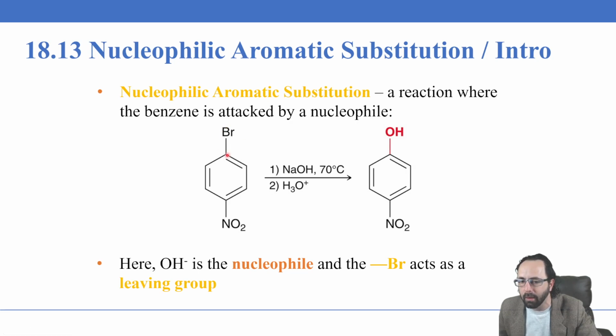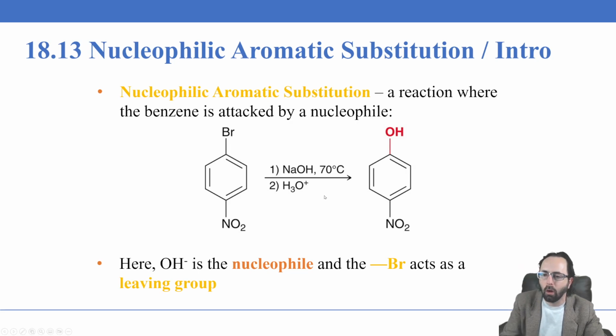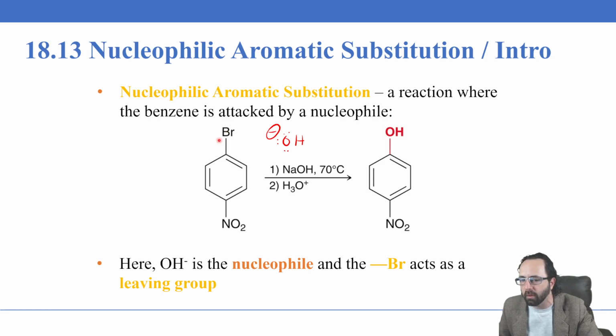We need the halide because we need it as essentially a leaving group. Our strong nucleophile, and also strong base, is going to be hydroxide ion, and that's going to substitute this halogen group. Here, the OH minus is a nucleophile, and the bromine is going to act as a leaving group, leaving as a bromide ion.